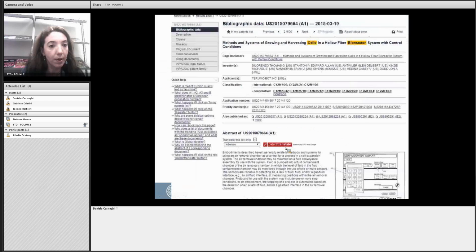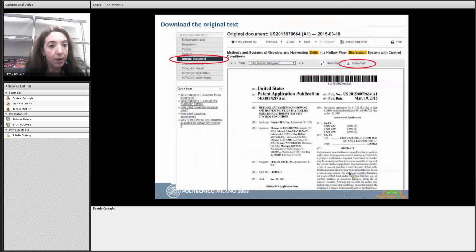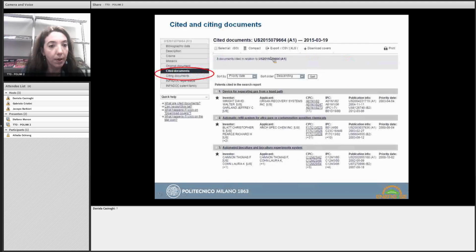If I click on a patent, I can read the bibliographic information, inventors, applicants, class, the cooperative classification, the abstract, and I can see the drawings of this patent. If I want to download the whole original document, the full text, I have to go to the original document, click download, and I can have the whole patent for free.